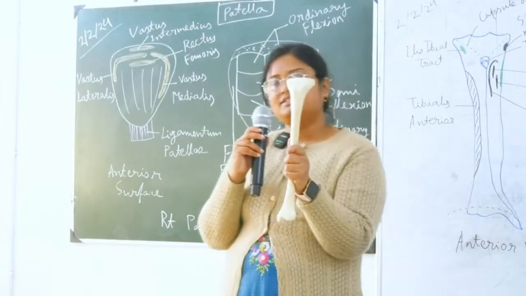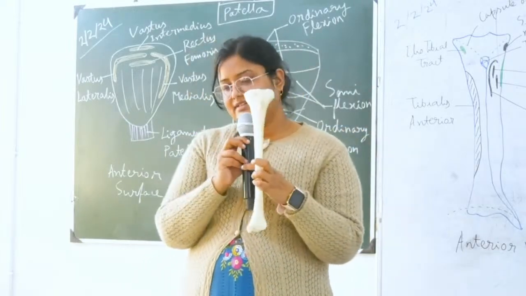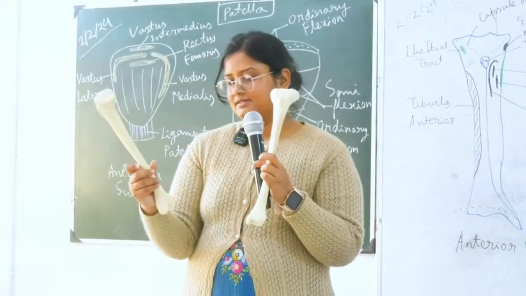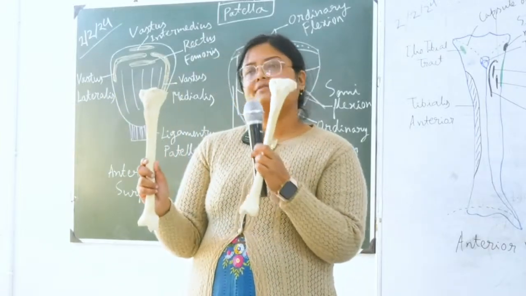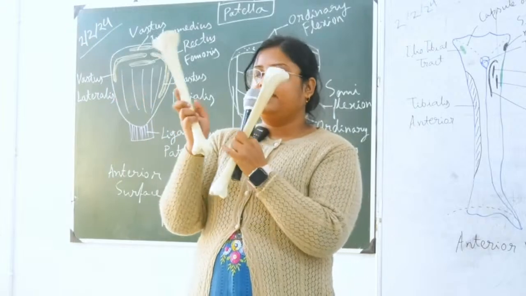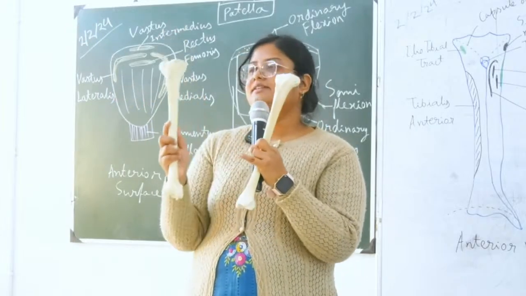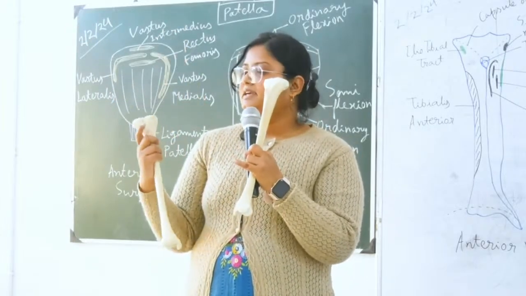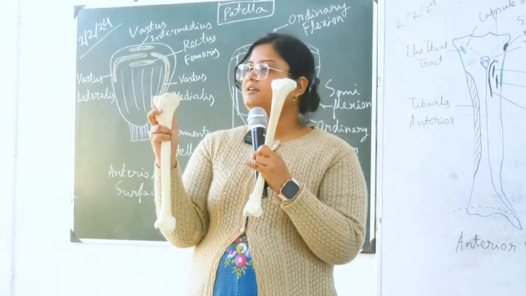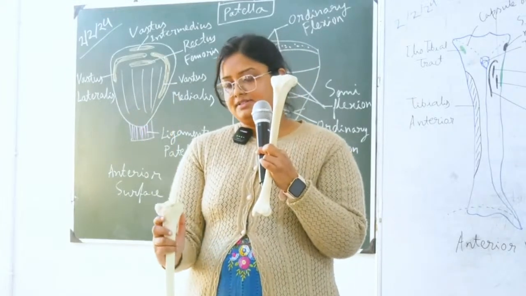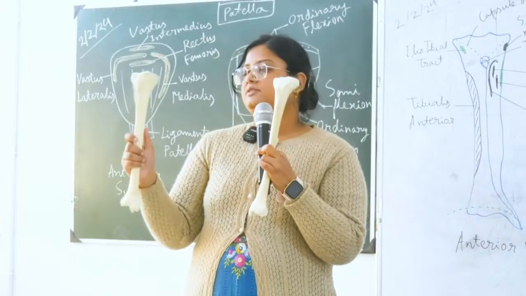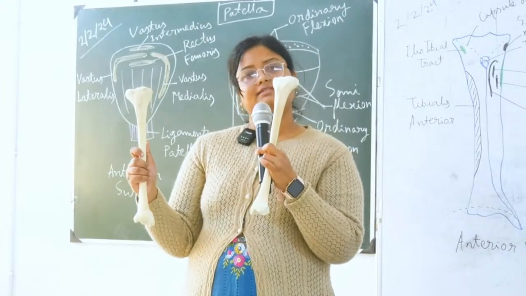Okay. So, this is tibia of left side, and this is tibia of right side. Okay. See, the malleolus is medial, tibial tuberosity is anterior, condyles above. Okay, understood? So this is tibia of right side and you hold it vertically like this.